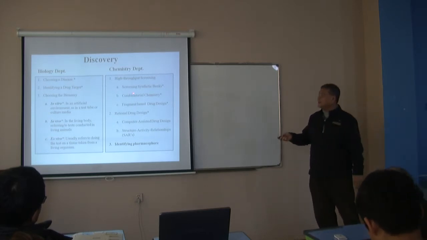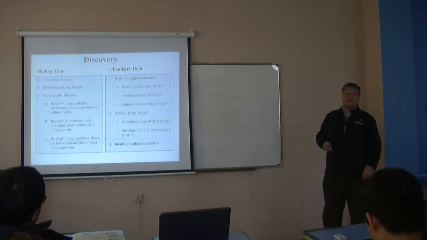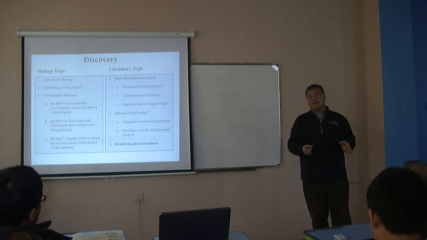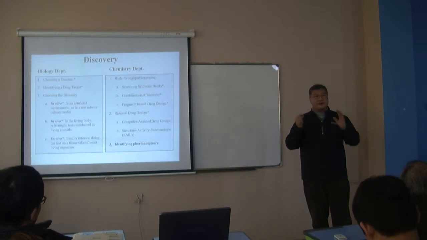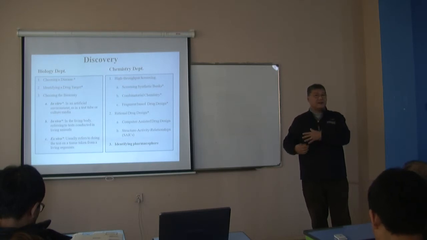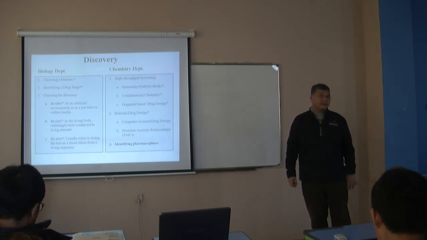And then another thing is combinatorial chemistry, which is a modern chemistry technology. In one shot, we're making about 1,000 compounds in one reaction. Of course, you have to design the reaction accordingly, but you can make 100,000, 200,000 very, very easily.